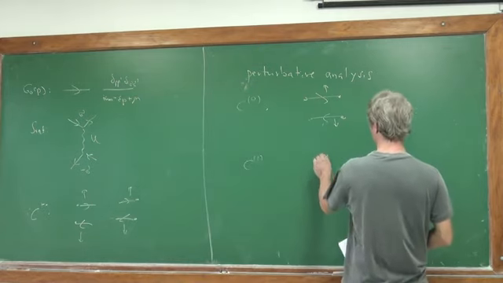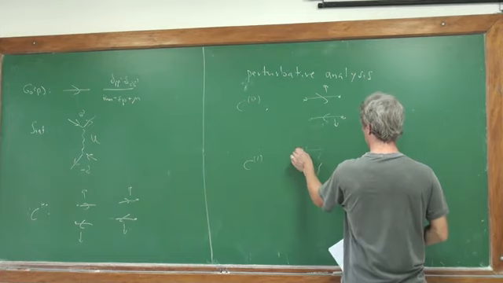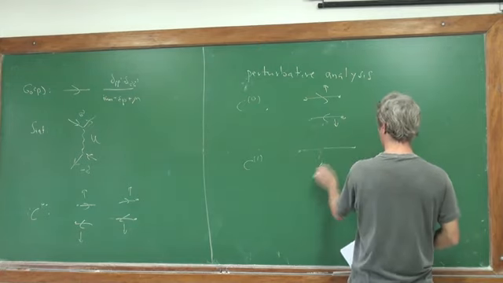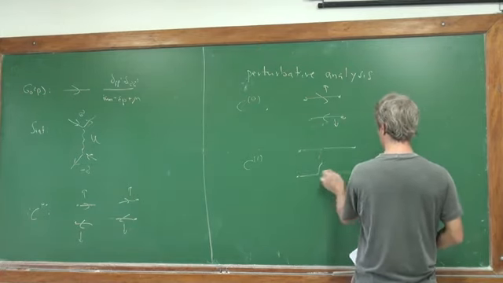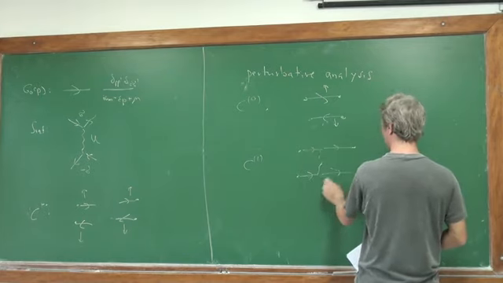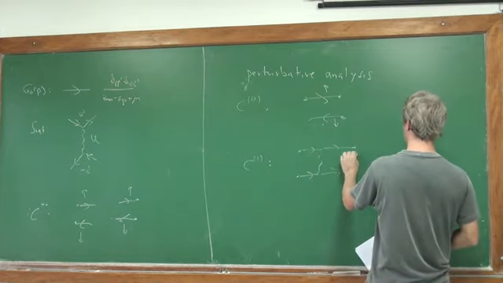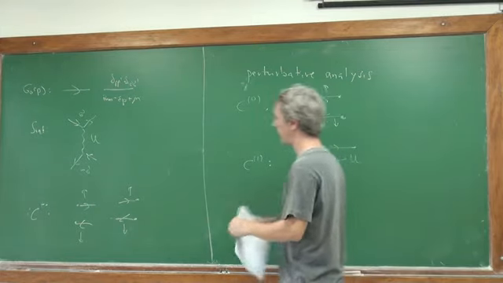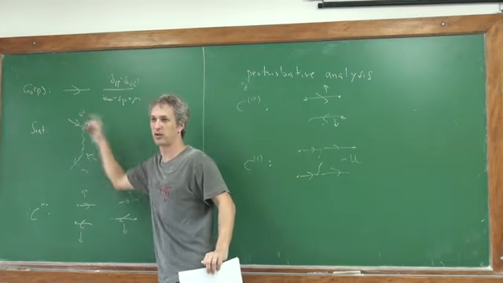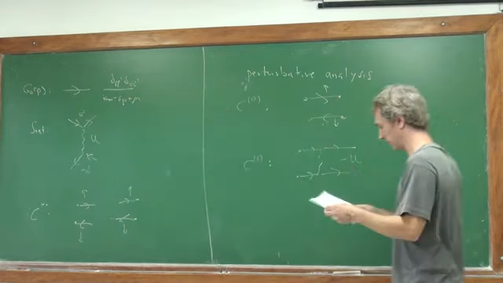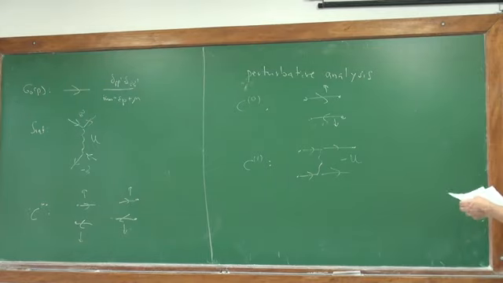So this would be the diagram of first order, okay? Which is now weighted with a minus U, because we have e to the minus interaction.